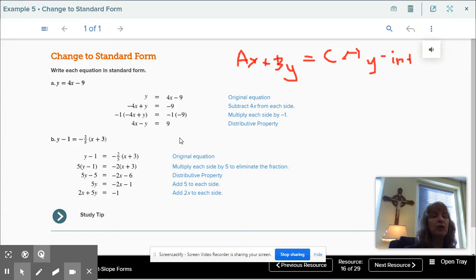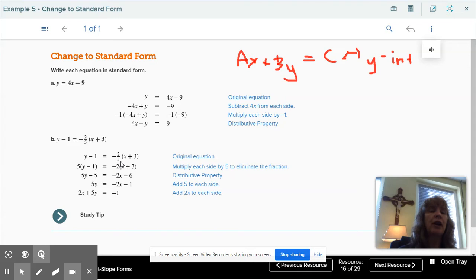Now I want you to also take a look at this equation, which is in point slope form. Y minus 1 equals negative 2/5 x plus 3. They want you to convert this equation into standard form. Same thing, same steps. You're going to distribute first, which is what you did the last time.